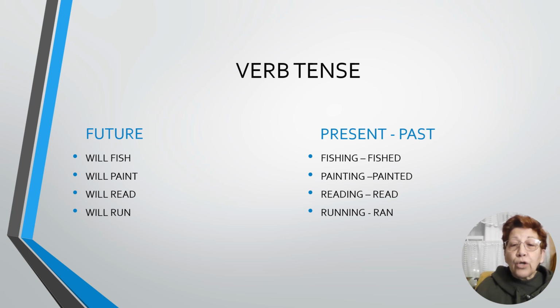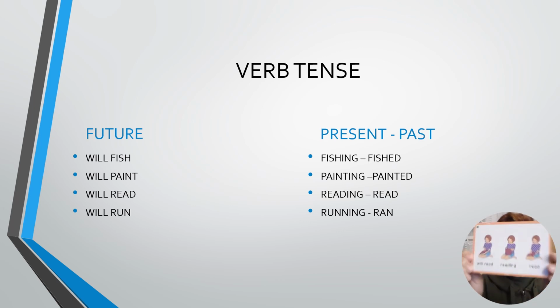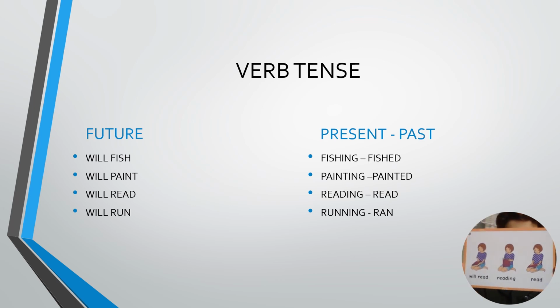Okay, so I don't want you to use the word reed in the past. It's got to say red. Okay, so now let's take a look at the pictures. You see there's a little girl in the picture, and you can see the wording. We'll read, right? Reading and read.